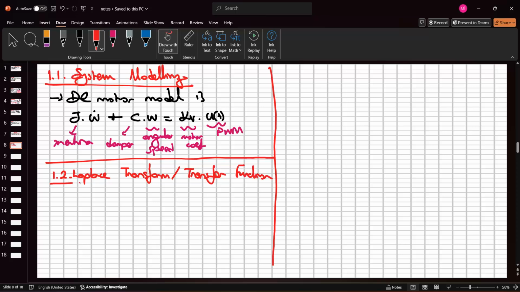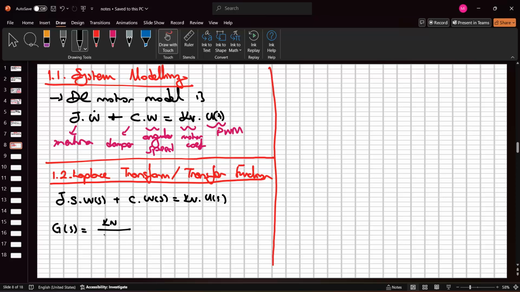So in the Laplace domain with zero initial conditions, we have J s W(s) plus C times W(s) is equal to K_v times U(s), and so we can write G(s) as equal to K_v divided by J s plus C.